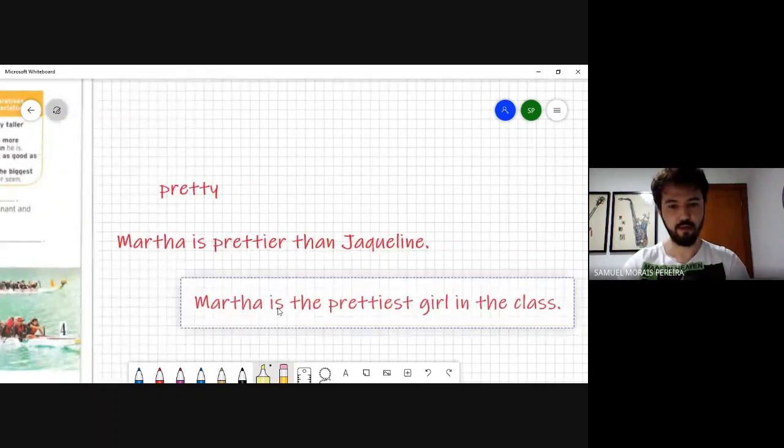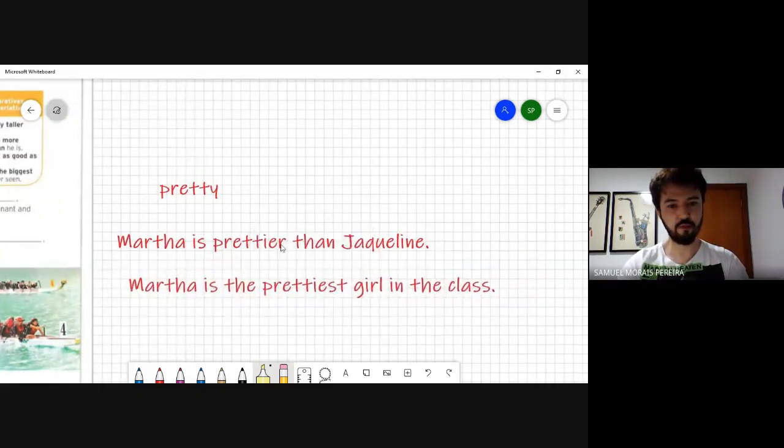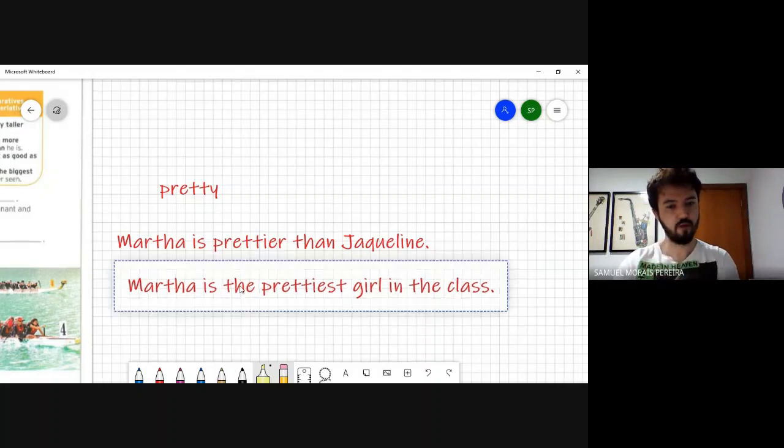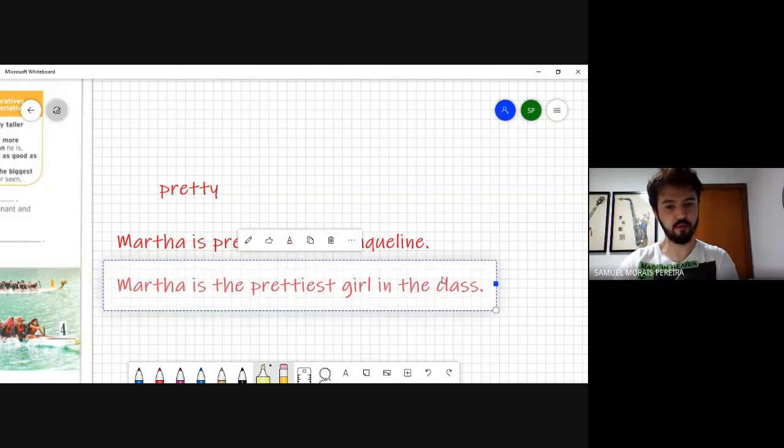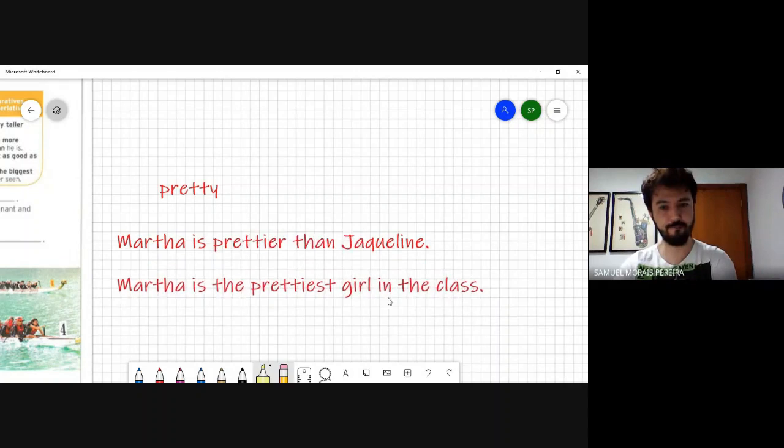Ó, here you can see the difference between the comparative and the superlative. Ó, Martha é um elemento com o outro, comparative. When you have the superlative, ó, eu tenho toda a turma, de todas as meninas da turma, Martha is the prettiest. So Martha is the prettiest girl in the class, ok?